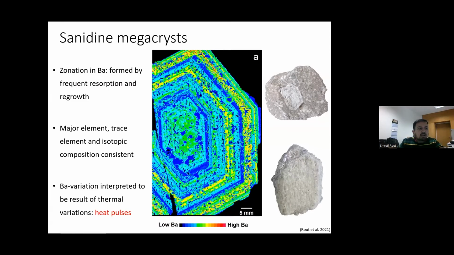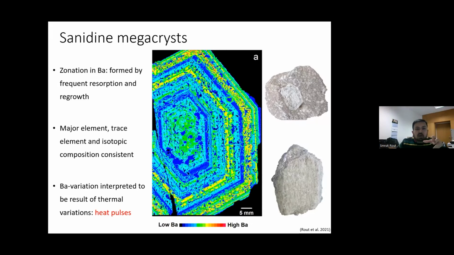Now, Taapaca has produced mostly dacites, which have such large sanidine megacrysts. You can see in these images here. So I'll just give a brief overview of the petrologic implications before we move on to the modeling part. These sanidine megacrysts are present in almost all the eruptions from Taapaca. They are extremely well zoned in barium, like you can see in this barium intensity map here.